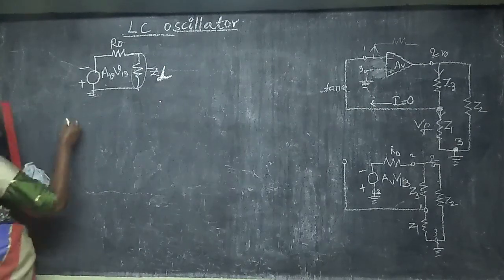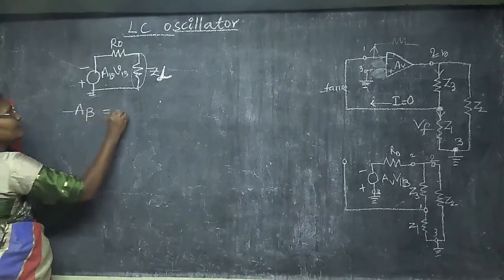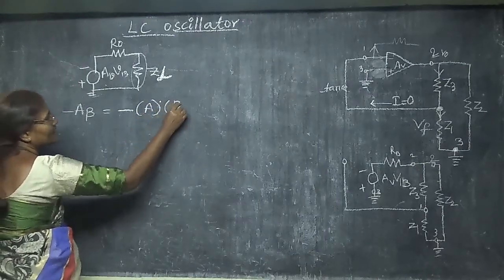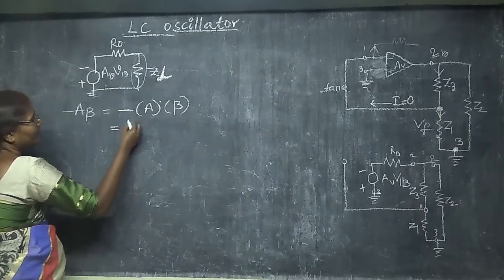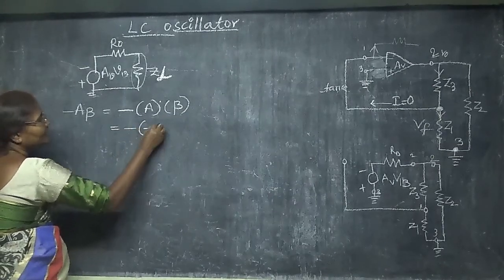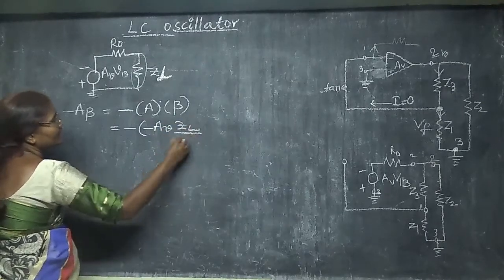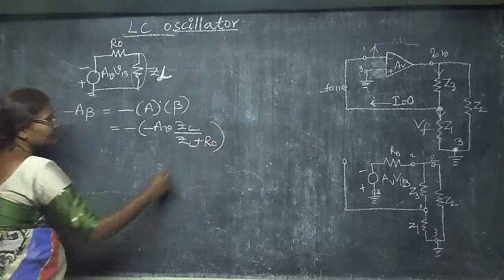So what is my minus A beta, which is nothing but minus of A into beta. My gain is minus A into ZL by ZL plus R0, isn't it?